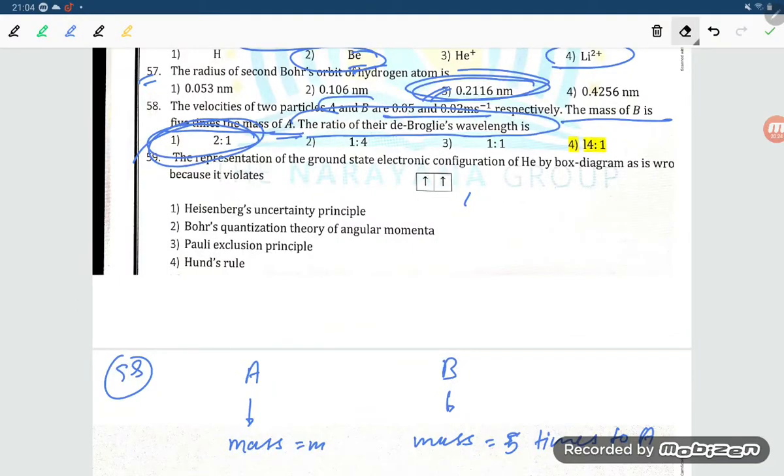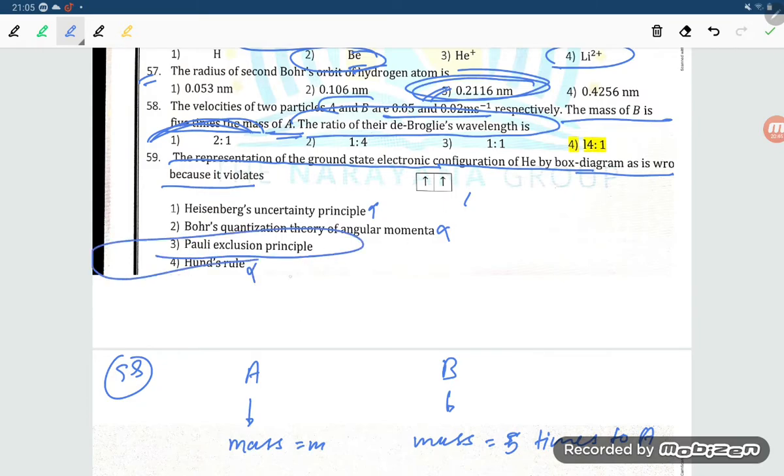Next, question number 59, students. What are they saying in question 59? The representation of the ground state electronic configuration of helium by box diagram is wrong because it violates: Heisenberg principle, no. Bohr's principle, no. Hund's rule, no. Pauli exclusion principle, students. How?